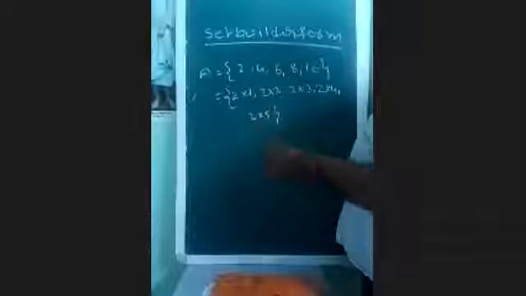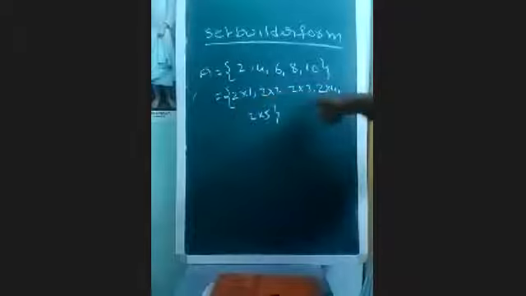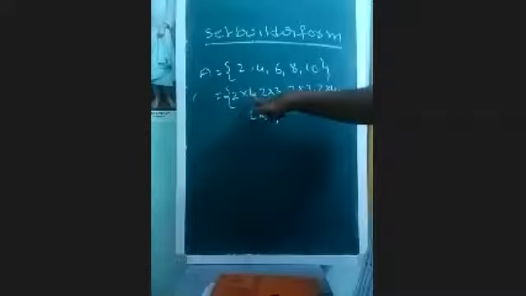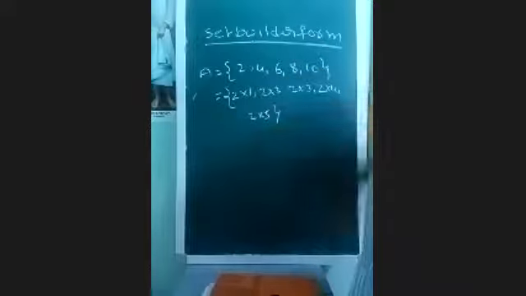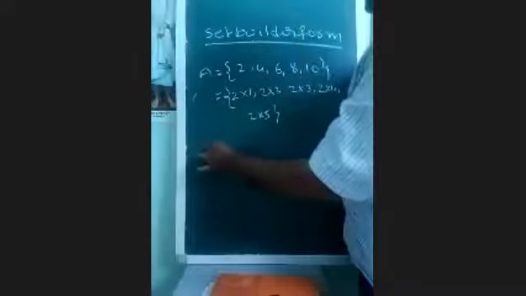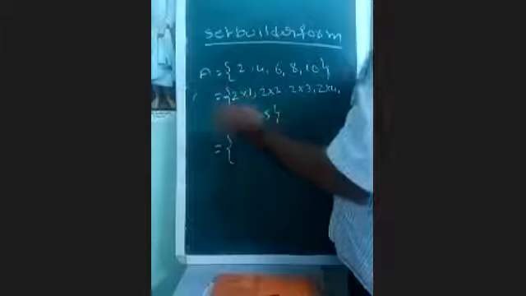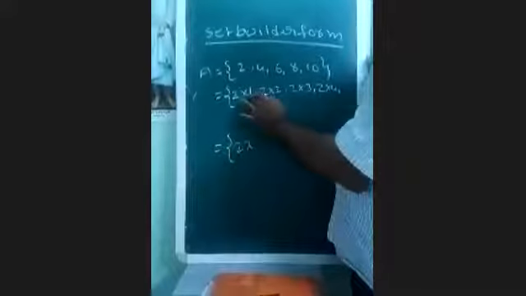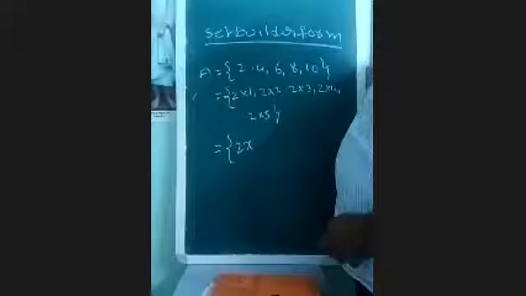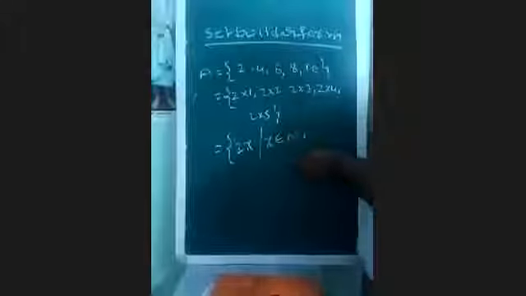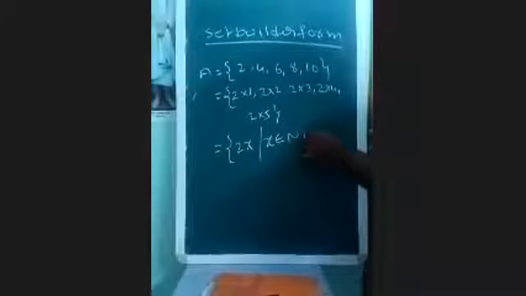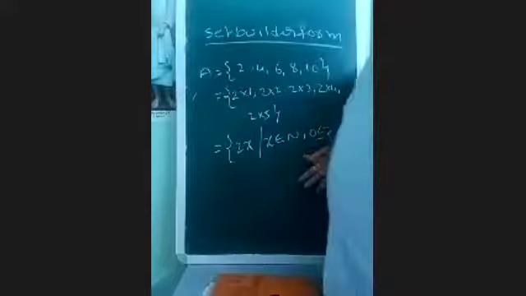You observe that the common number is 2. So the 5 natural numbers are multiplied by the number 2. This can be written as 2x, where natural numbers are denoted by the variable x such that x belongs to N, and x lies between 0 less than or equal to x less than or equal to 5. Then this is called set builder form.